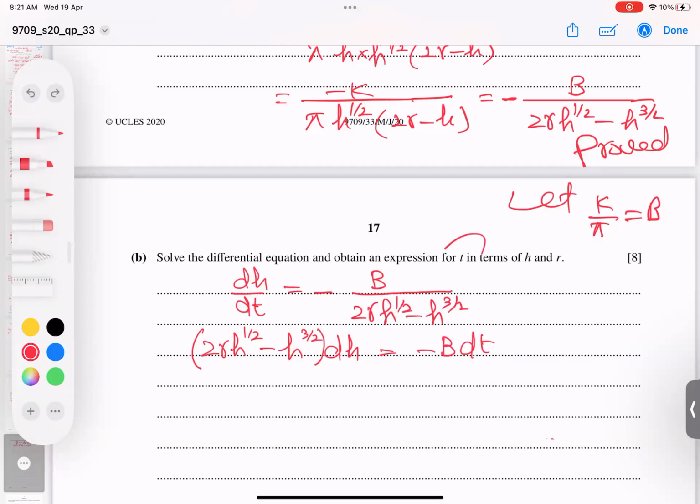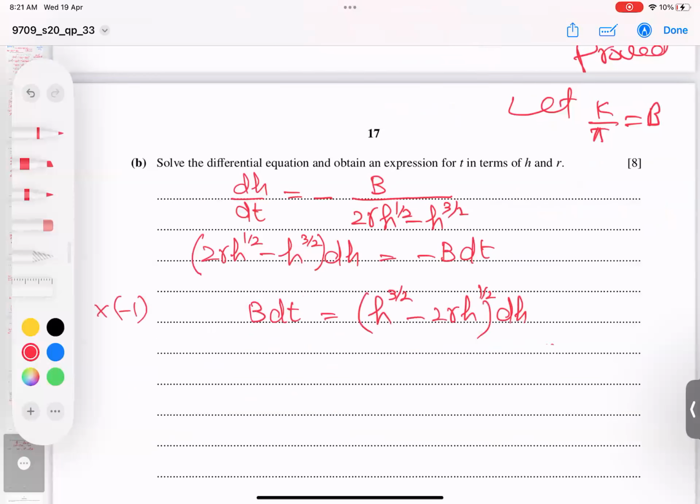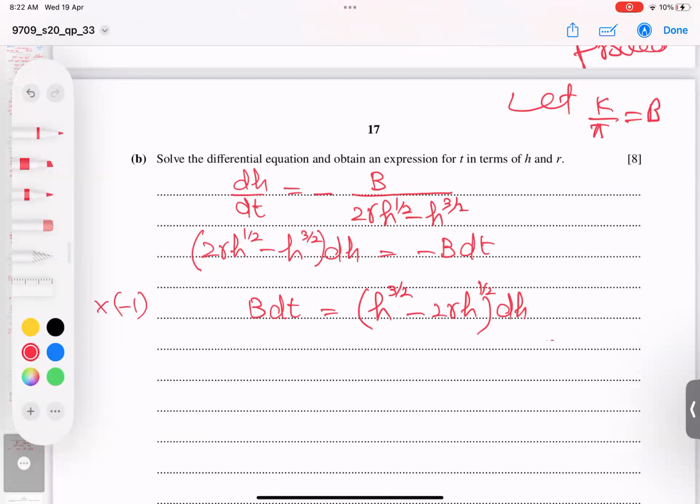Why? Because t is my subject. I will try my best to keep it positive. So multiply by negative 1. So I get b dt. So this negative becomes positive, and this positive becomes negative. I hope the point is very clear. And this positive becomes negative, this negative becomes positive, and this positive becomes negative.